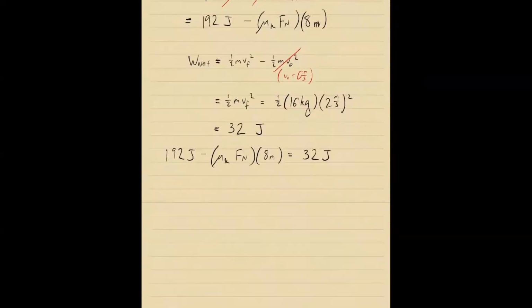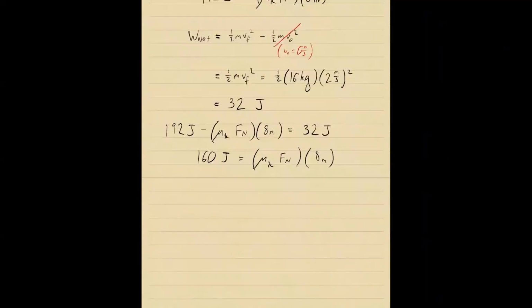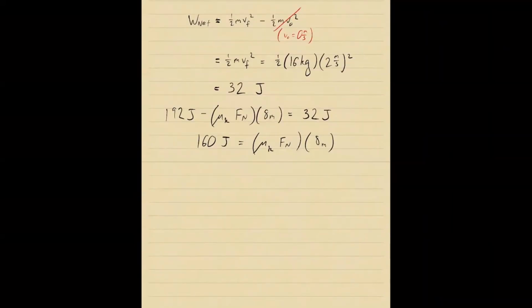So on the left-hand side, we're going to have 160 joules. Then on the right, we're going to have the coefficient of kinetic friction, the thing we're looking for, multiplied by the normal force, times 8 meters. So I can divide both sides by 8 meters. So the left-hand side becomes 20 newtons is equal to the coefficient of kinetic friction times our normal force.